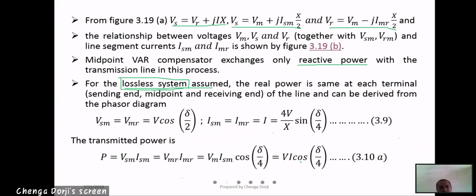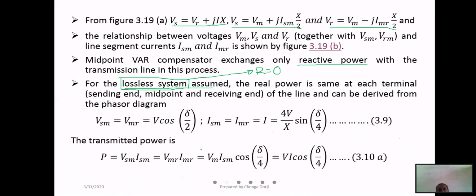So you are assuming this as a lossless system, which means R is equal to 0. Okay, so lossless is what you have.